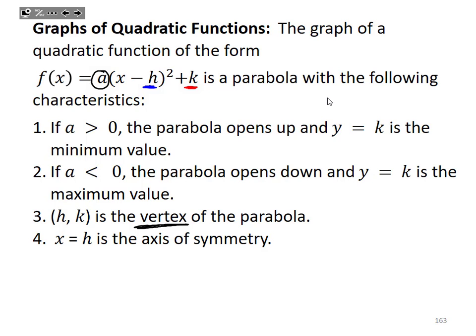And then every parabola has this vertical line, because it's x equal to a number, that represents the symmetry of that parabola. It won't always be the y-axis, but it will be whatever that vertical line is that runs right through the vertex.